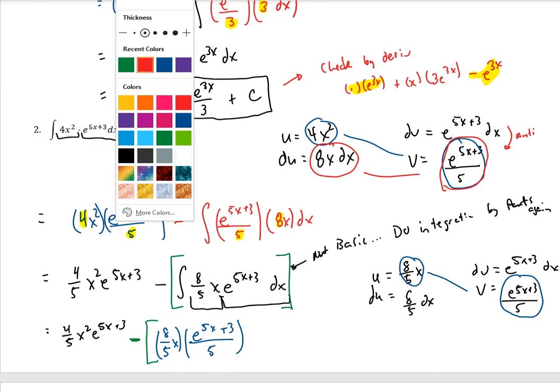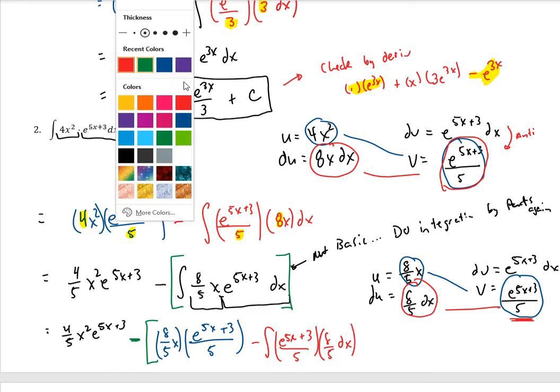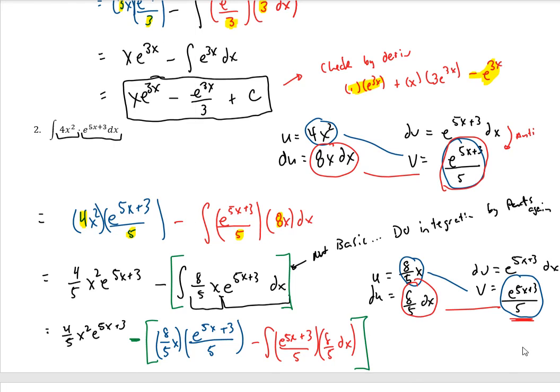So it's always minus the integral. So I'm just following that formula. This one and this one multiplied. Okay, and just like before, let's put the e expression first. Times 8/5 dx. And then the green bracket at the end of it all.